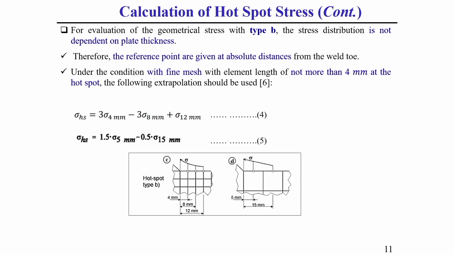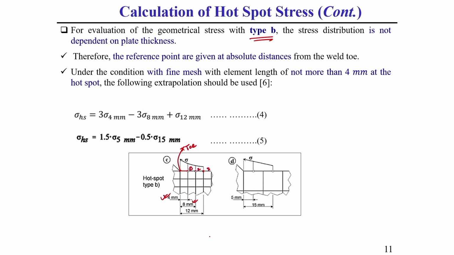Like here you see for type B, I have already told you, this is the toe in the figure, here I am showing the fine mesh case, this is the toe. From the toe we need to take a distance: the first distance point is 4 mm, the second distance point is 8 mm, and the third distance point is 12 mm.